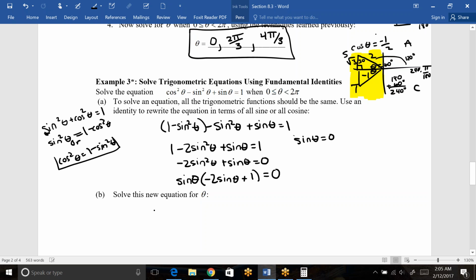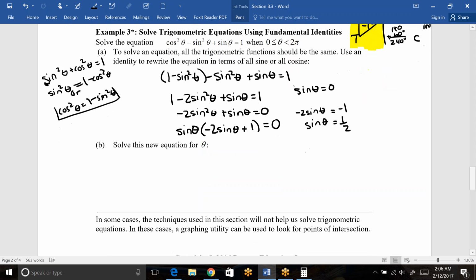So one possibility is going to be sine theta equals 0. The other one, we will subtract over negative 1 and then divide by negative 2. So it's actually 1/2. So we're trying to solve both of those: sine theta equals 0 and sine theta equals 1/2.